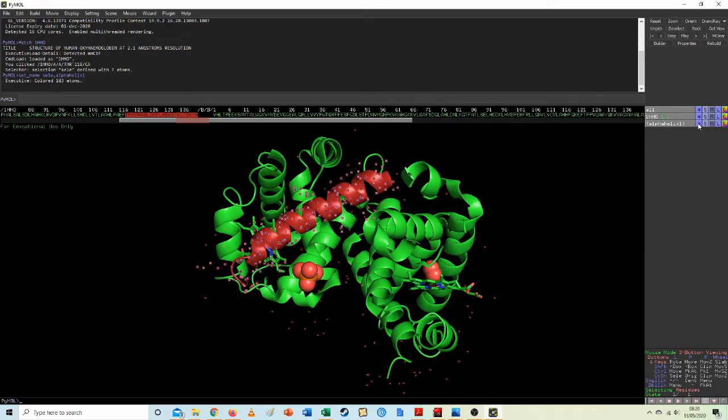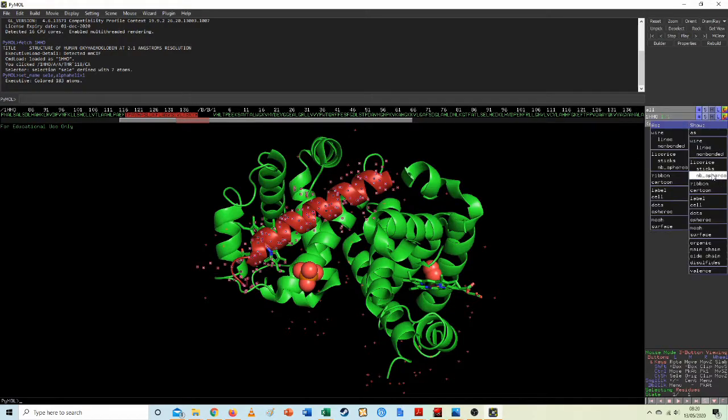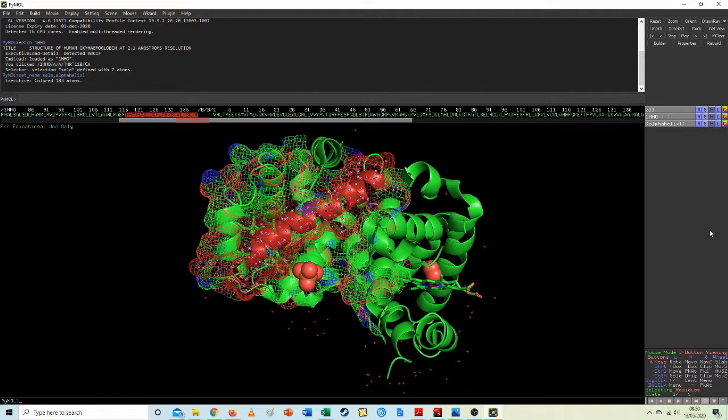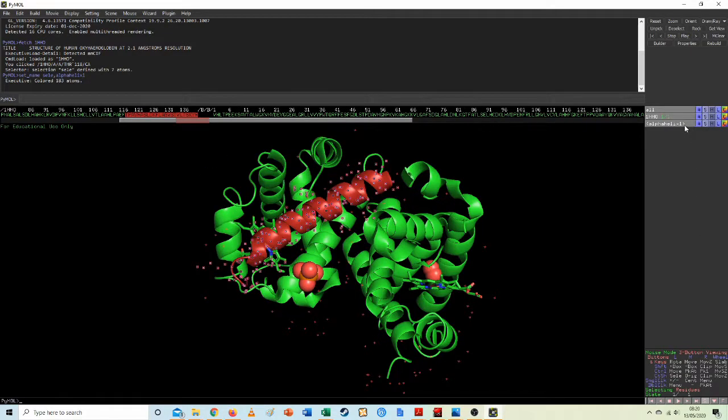So what I'm going to try and show is maybe the mesh, and that's going to show me the mesh for all of it, which is not what I wanted. I just wanted the mesh for that alpha helix. Ooh, here we go. Right.